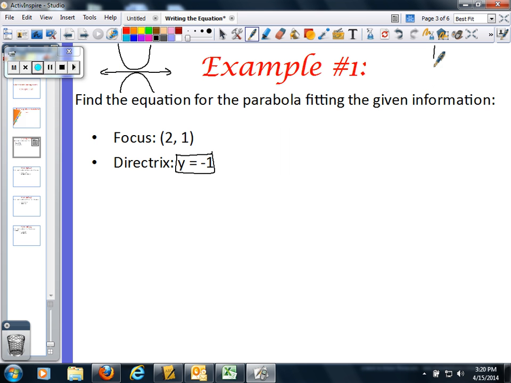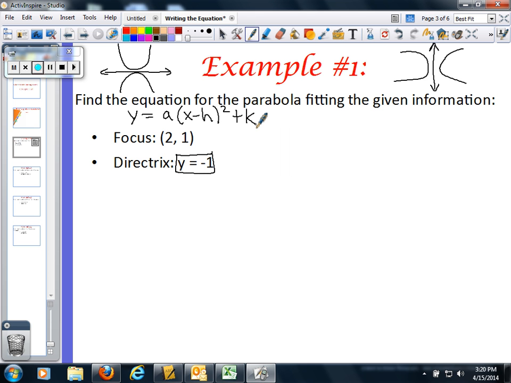If it's a vertical line, however, like this, then my graph would look like this, or it would look like this. One of those two. Okay? So, this tells me that my graph is going to open up or down, which means that my equation is going to be of the form y = a(x - h)^2 + k. I know this based on the directrix. Okay?